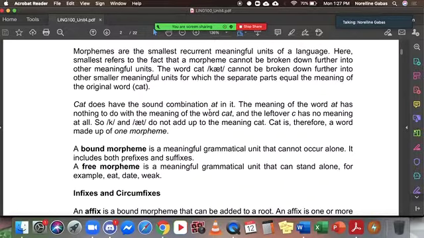What else? Can you give examples? Anong bound morphemes? Isip kayo, yung merong prefix and may suffix. Example.